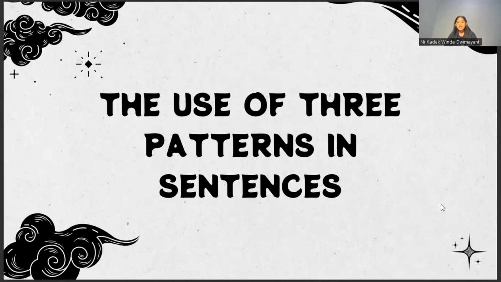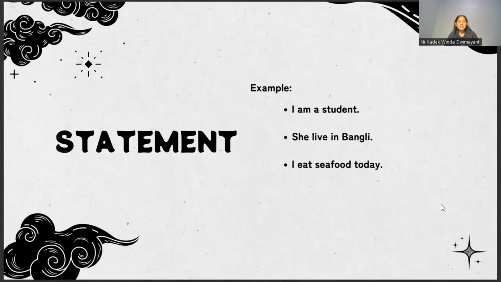The first is statement sentence. Statement sentences usually use falling intonation because in the last part of the sentence the tone drops. For example, I am a student. That drops at the end of the sentence. Number two, she lives in Bangli.